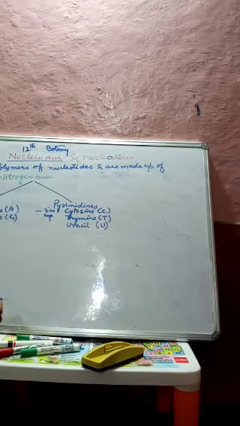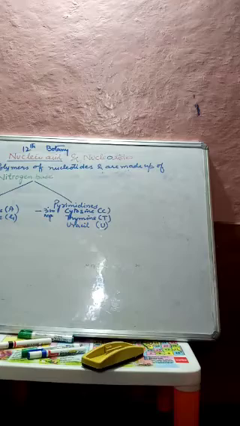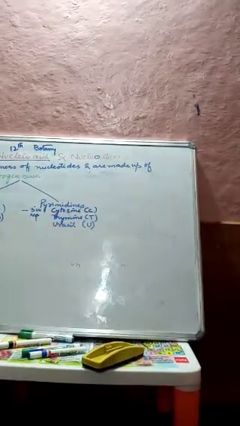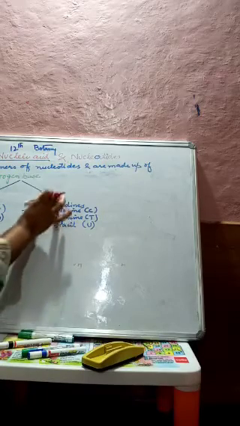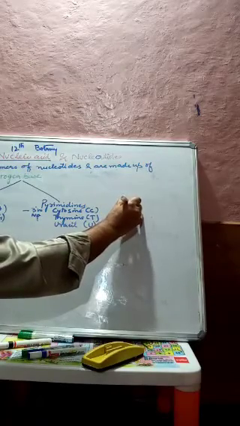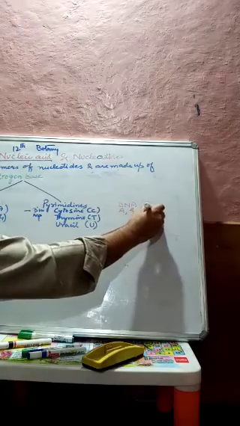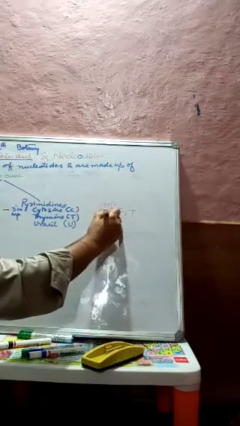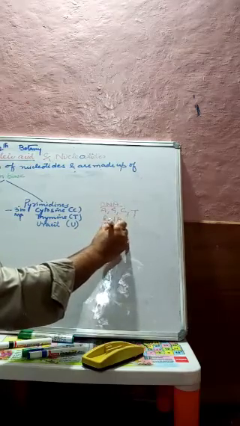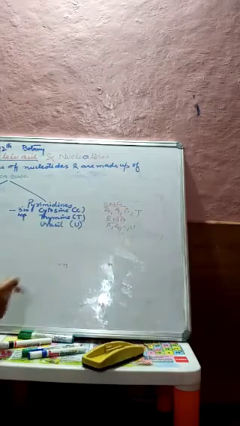Now, when we see the structure, in case of DNA and RNA, there is a difference in these pyrimidines. In DNA, we have adenine, guanine, cytosine, and thymine. In case of RNA, we have adenine, guanine, cytosine, and uracil.